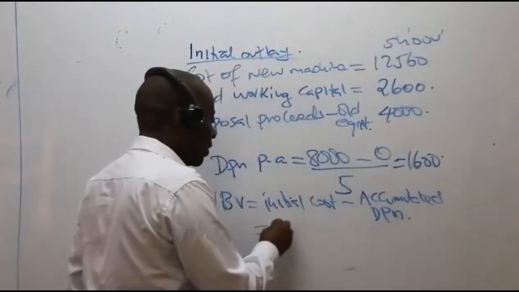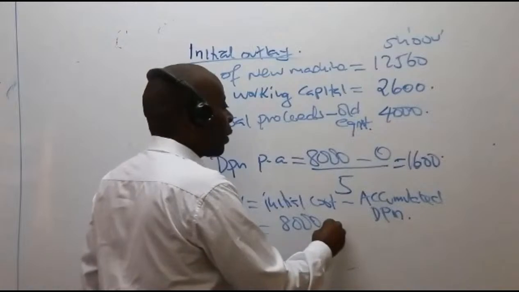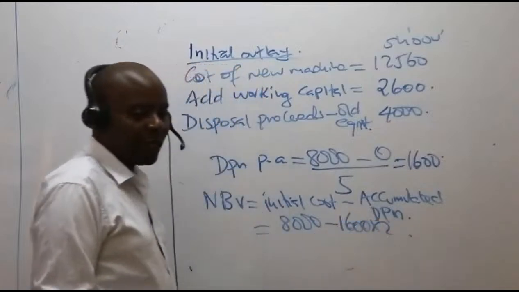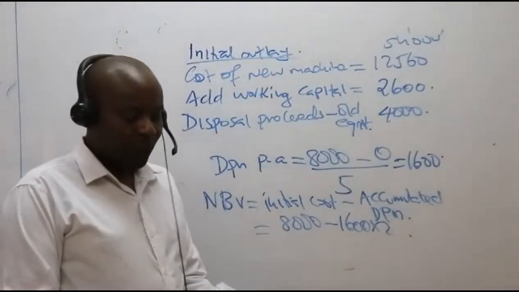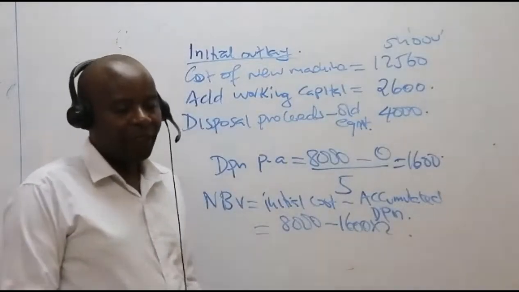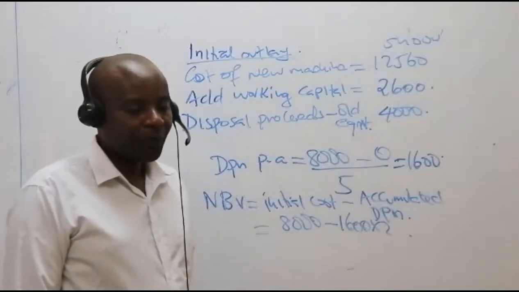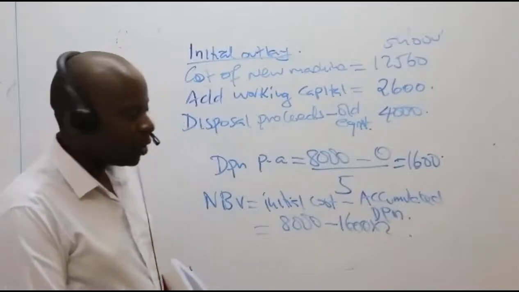The initial purchase cost here is 8,000. Accumulated depreciation will be 1,600 for how many years have we been with this machine? Times 2. So that will give us what figure at the end of the day?